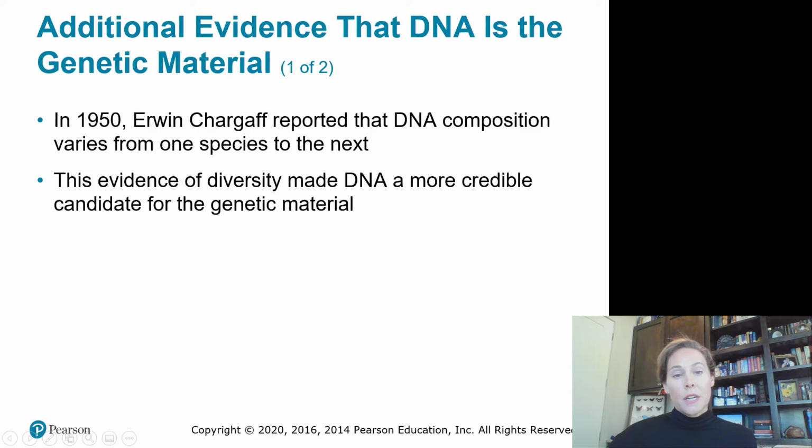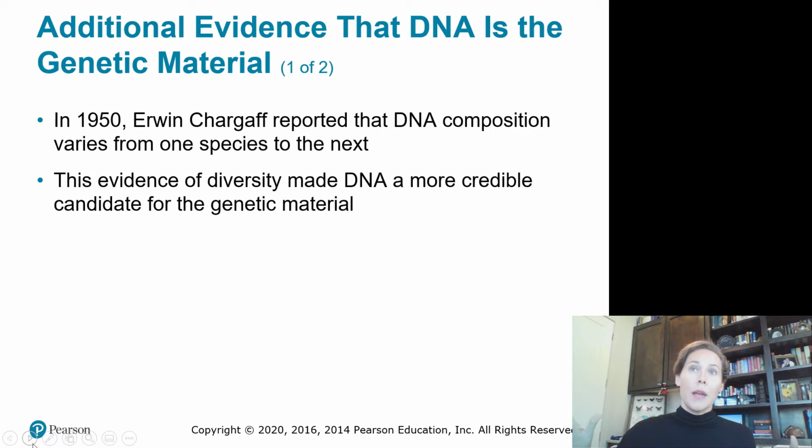In 1950, Erwin Chargaff reported that DNA composition varied from one species to the next, and that was additional evidence that DNA is the genetic material and not proteins. Notice that around the same decade, there were a lot of people doing different portions of the same research.